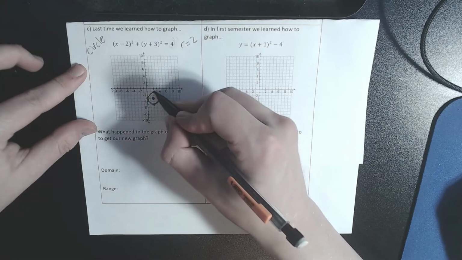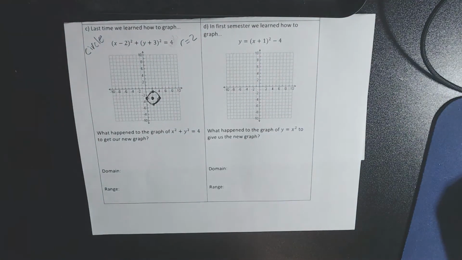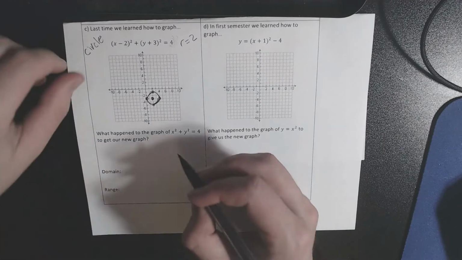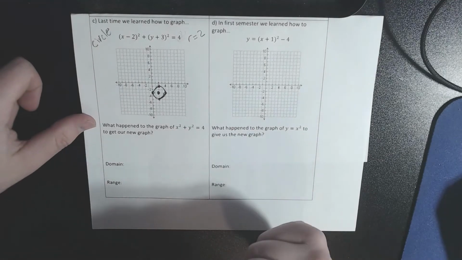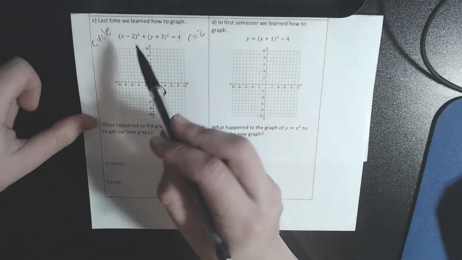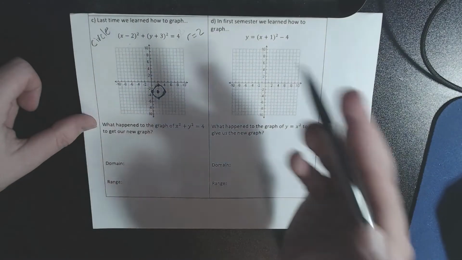So that's the graph of our circle. It's just centered at positive 2 and negative 3 now. So what happened to our graph of x squared plus y squared equals 4 to get our new graph? It went 2 to the right and 3 down.